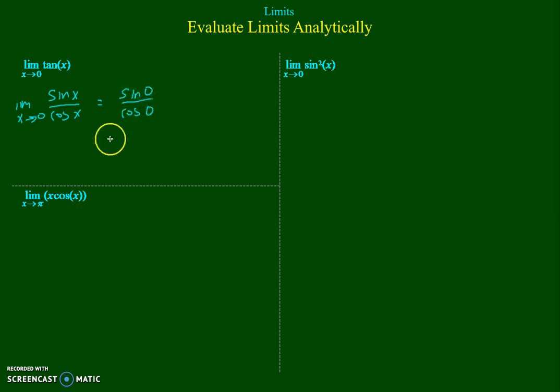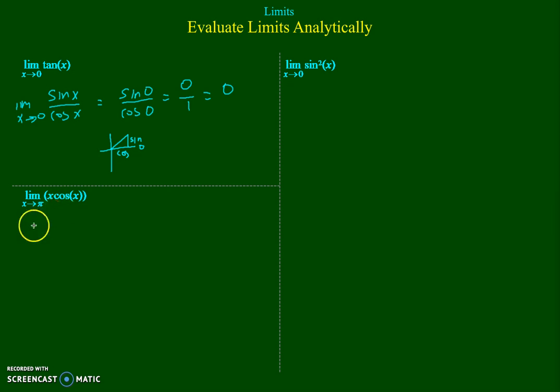In case you don't recall, in the unit circle, we know the y value is sine, the x value is cosine. So at 0 degrees, the sine value is 0 and the cosine value is 1. So this becomes 0.